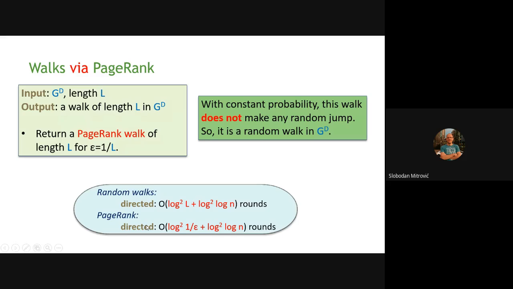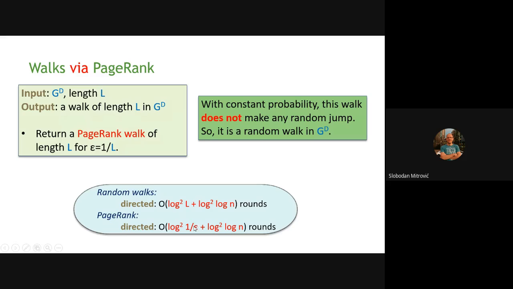And so for this approach to be efficient, we actually needed to design some algorithm which would depend only logarithmically on 1 over epsilon. And then if you just look at the bounds that I showed you on the second or third slide, this is essentially how you get the bound for directed random walks.